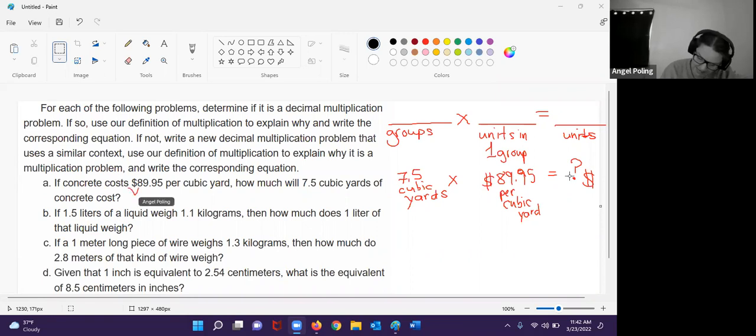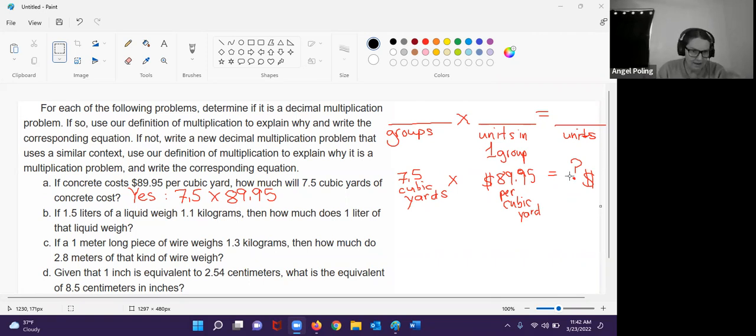So our answer is yes. This is 7.5 times 89.95. So it says, if so, use our definition to explain why. So we're doing that right under the definition and write the corresponding equation. So we've done that.